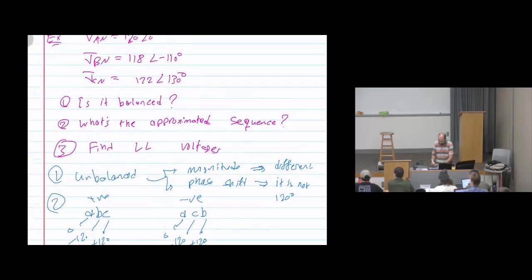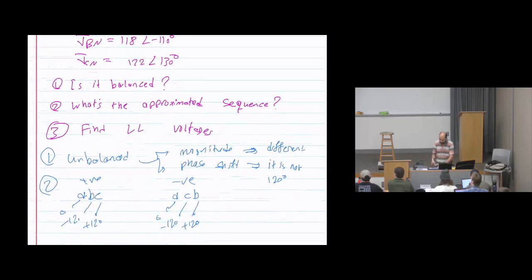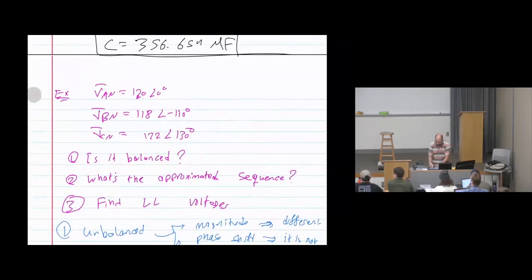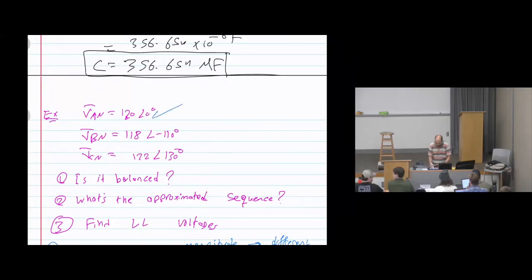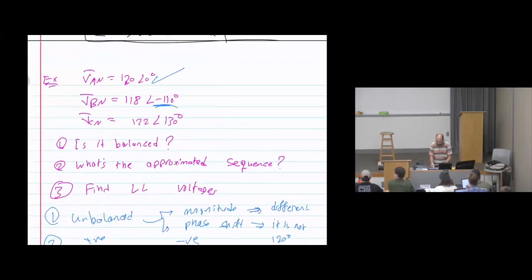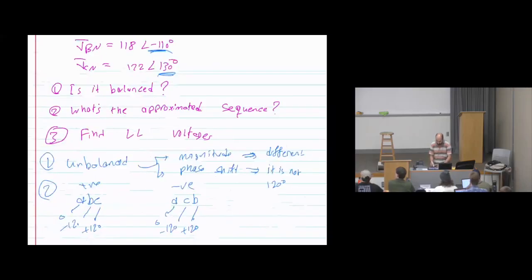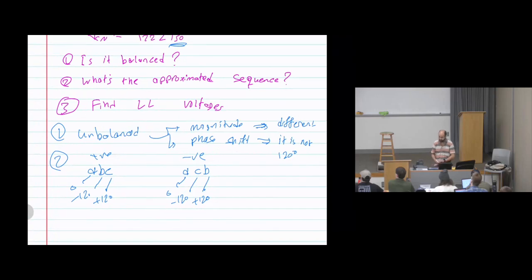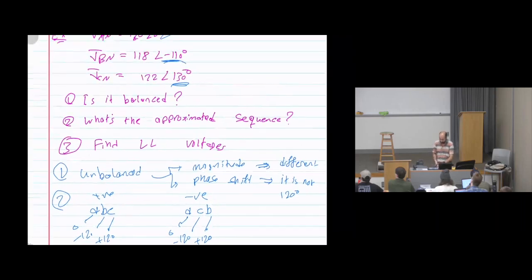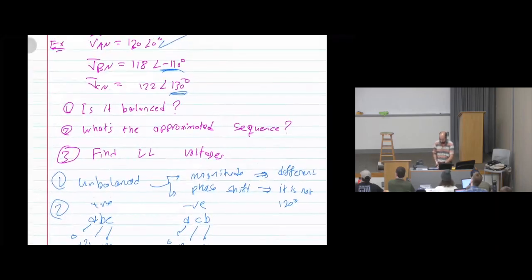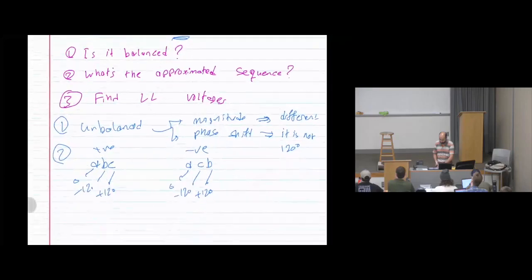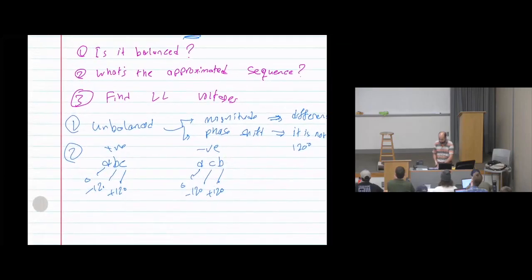Now let's compare and see. VA with 0. We have VA with 0, VB negative 120, C 130. What's the closest value? Is it ABC or ACB? So negative 120 with B, C with 130. So ABC, right?